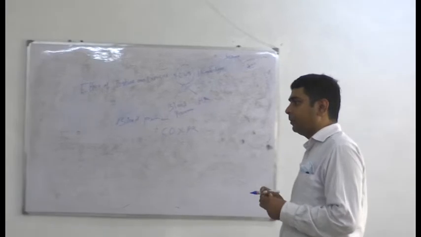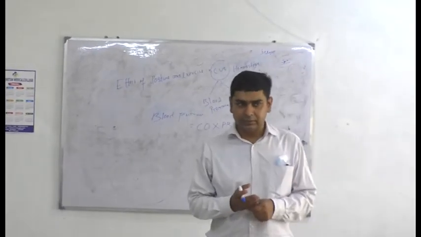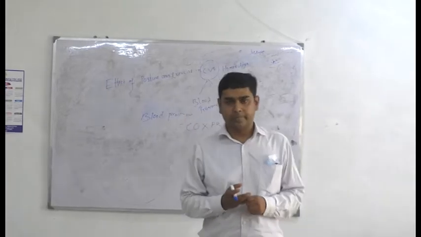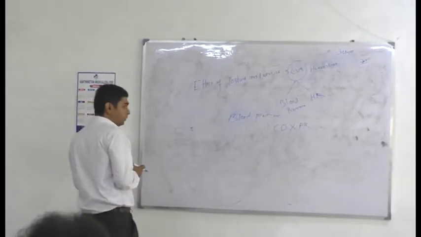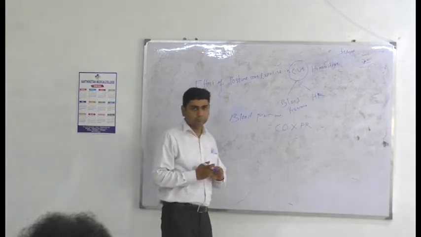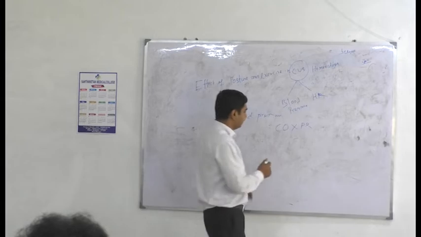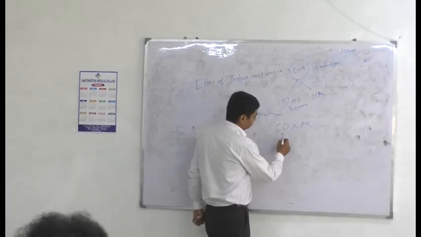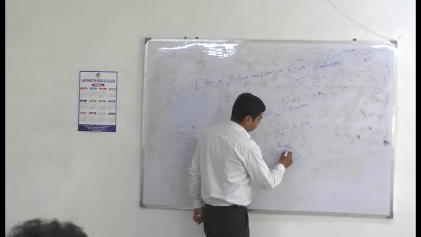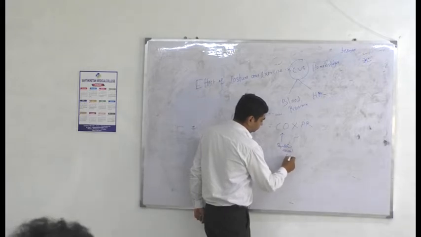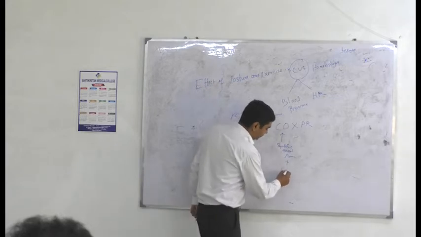And what are the types of blood pressure? That is systolic blood pressure and diastolic blood pressure. Systolic blood pressure depends on cardiac output and, second, the compliance of arteries.